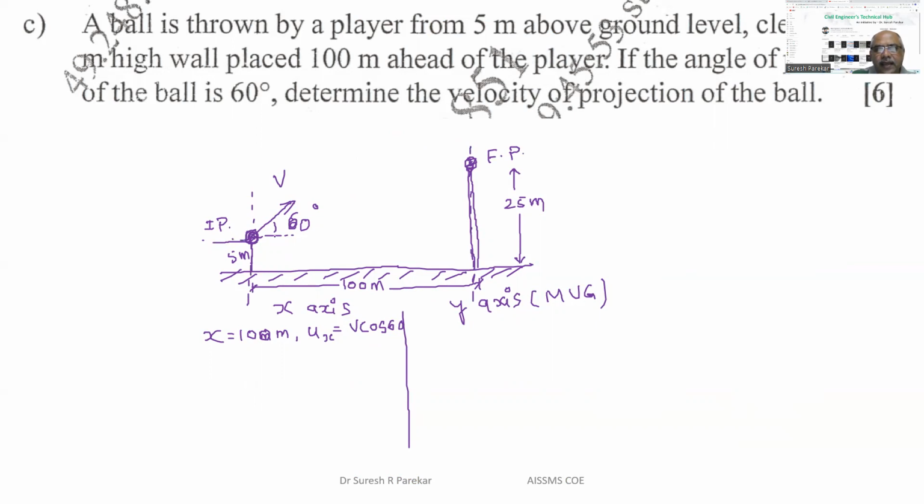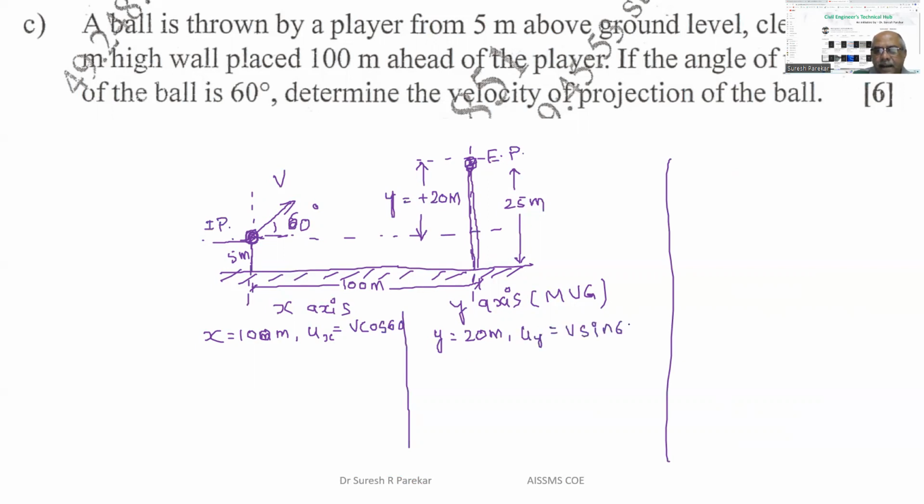Now to get y, a horizontal line from initial, a horizontal line from final, and this is my value y, plus 20 meters because final is above initial. Students are going to consider y as 20 and they are going to lose the marks related with this. So we have y equal to 20 meters. We have uy equal to V sin 60.